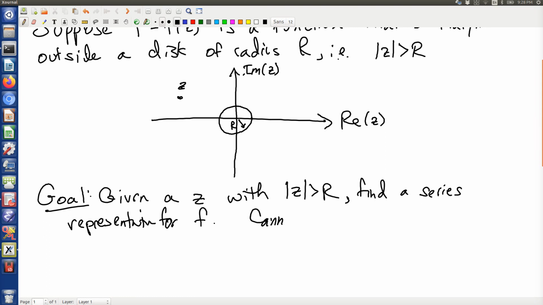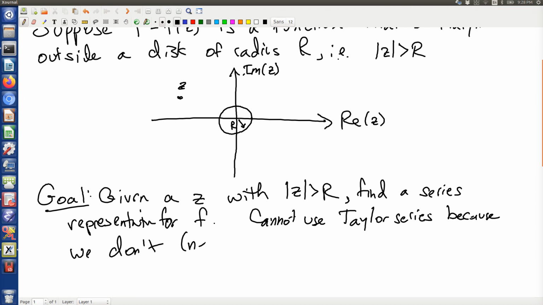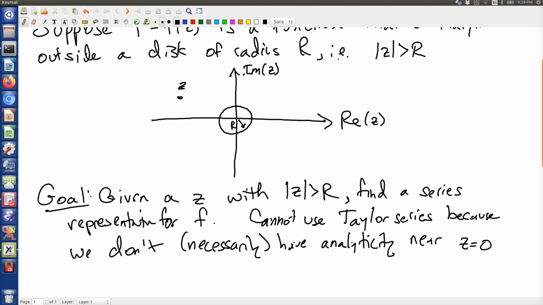We cannot use the Taylor series because we don't necessarily have analyticity inside that disk, or near z equals 0.